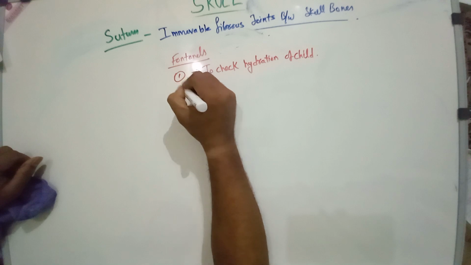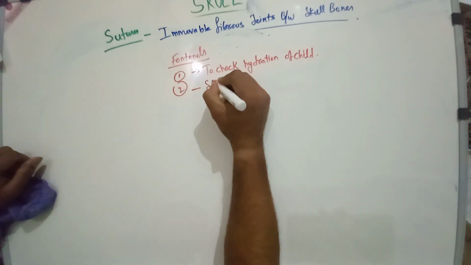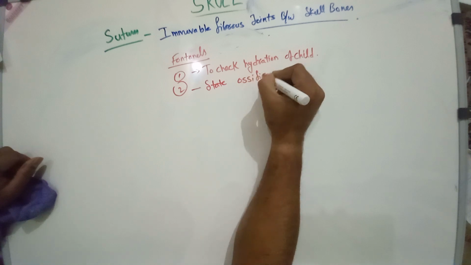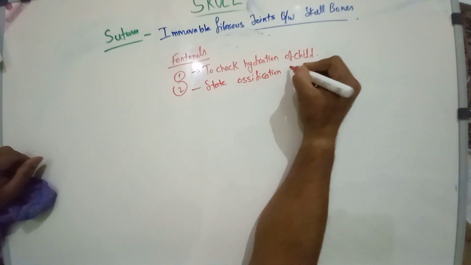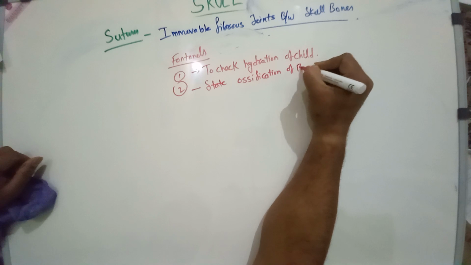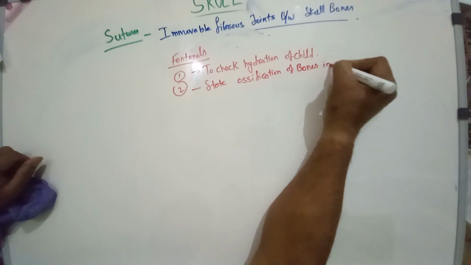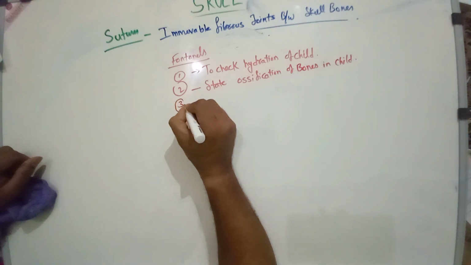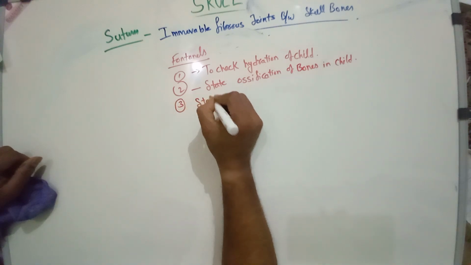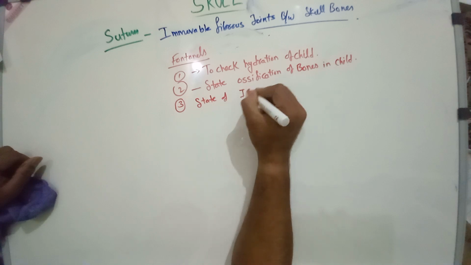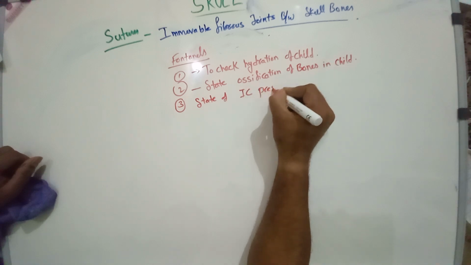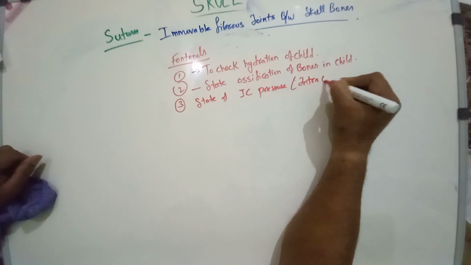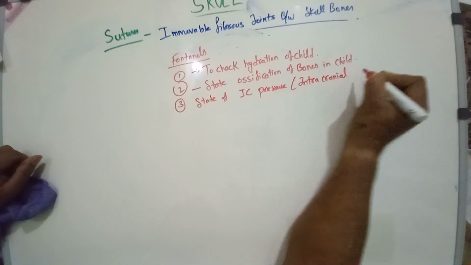First point, state of ossification of bones in the child. Third one is state of IC pressure. IC pressure everyone knows. IC pressure means intracranial pressure.